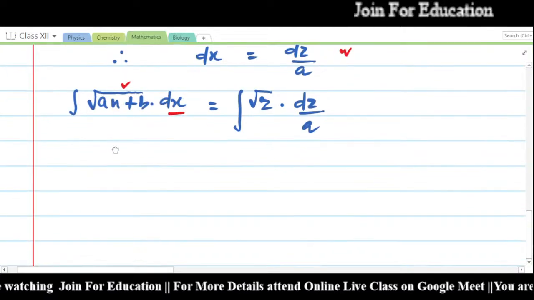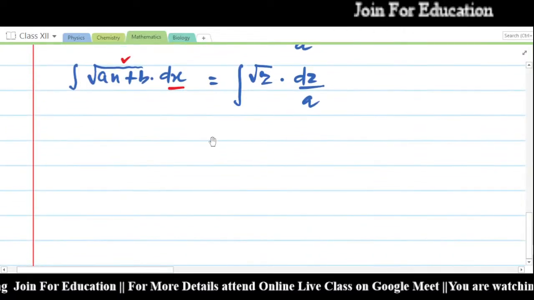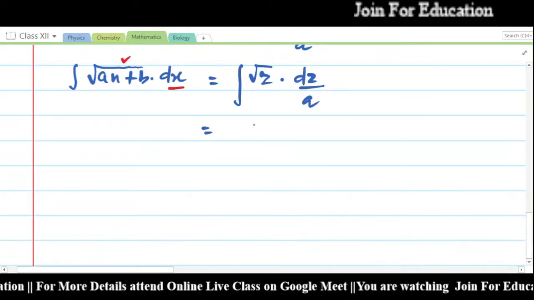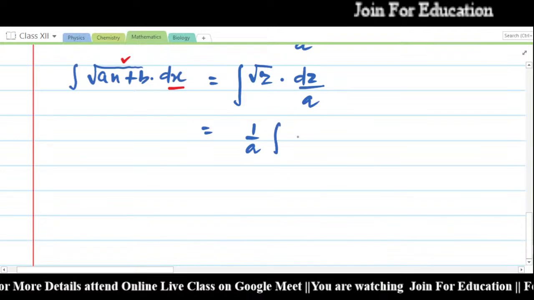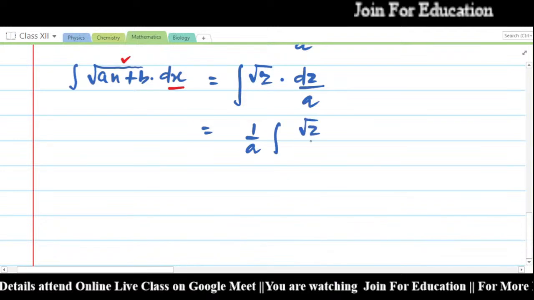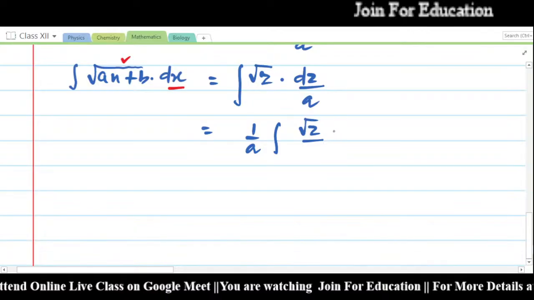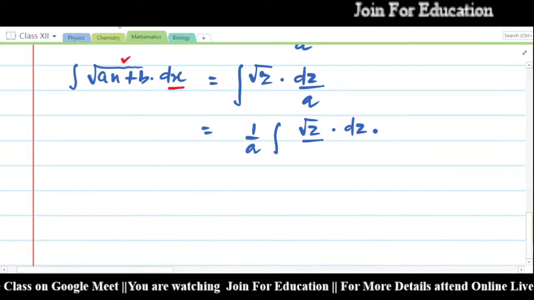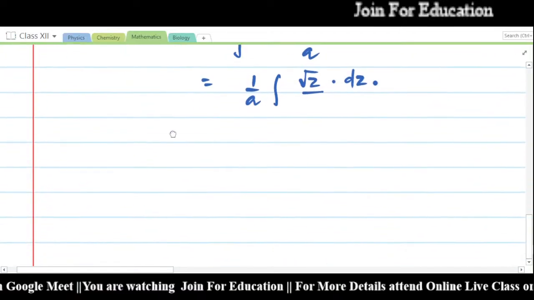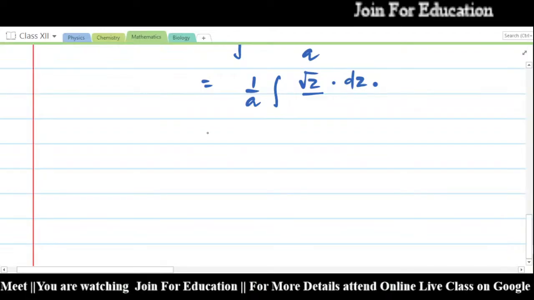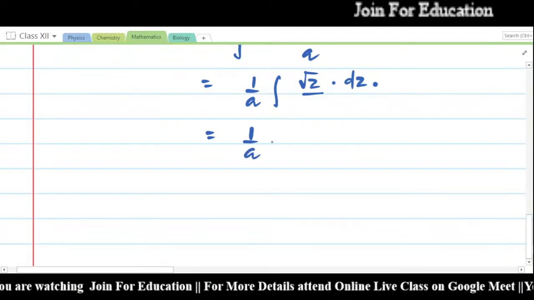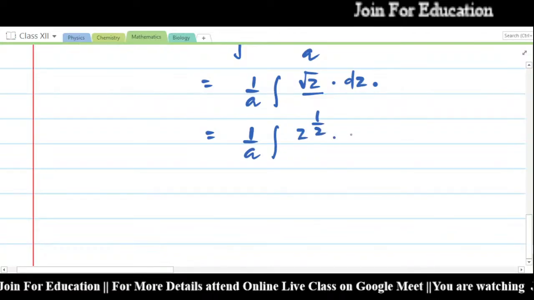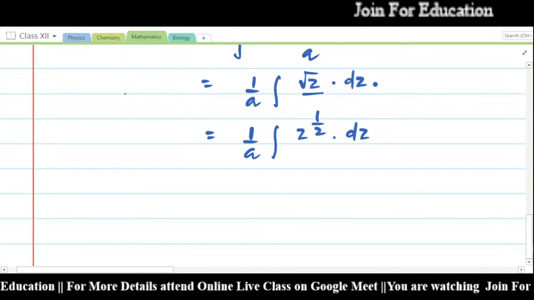The next step will be equal to 1 by a, under root z into dz. There is no problem up to this step. The next step will be equal to 1 by a, z to the power 1 by 2 into dz.